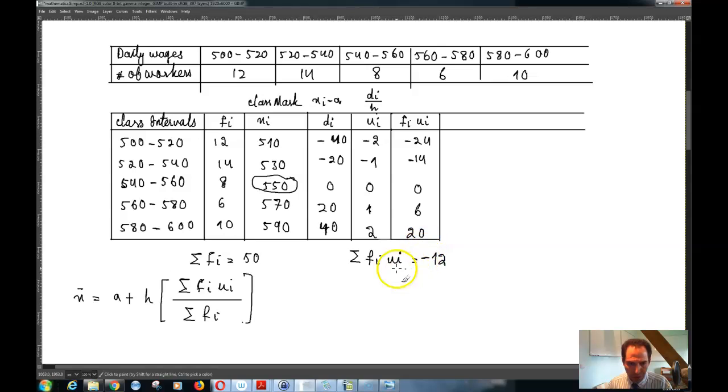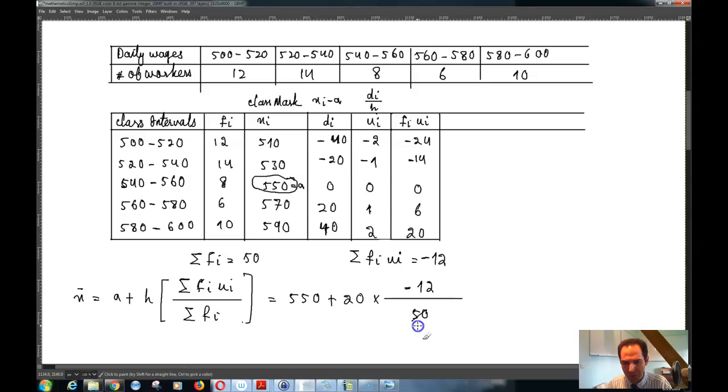Okay. Now I can write this as A, which is basically this is your A. So 550 plus h times, h is 20, times this fraction, which is sigma f of I u of I, which is negative 12, divided by sigma f of I, which is 50.